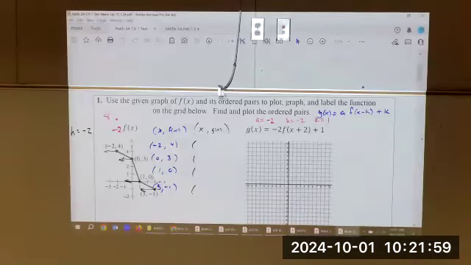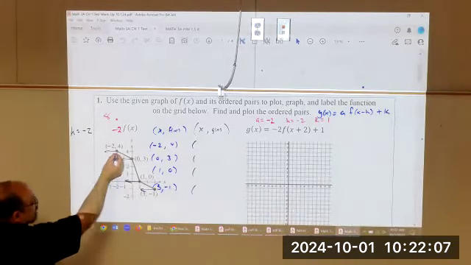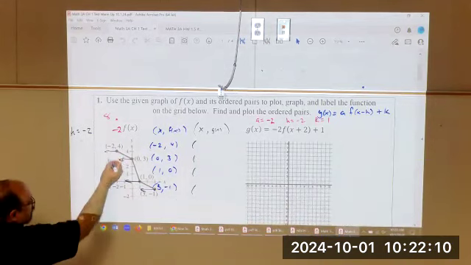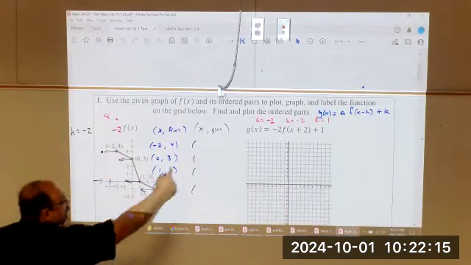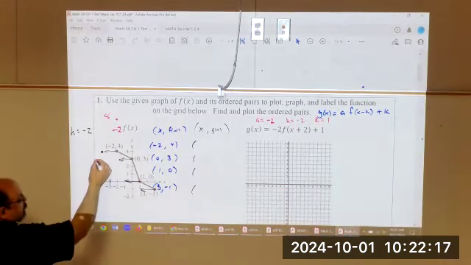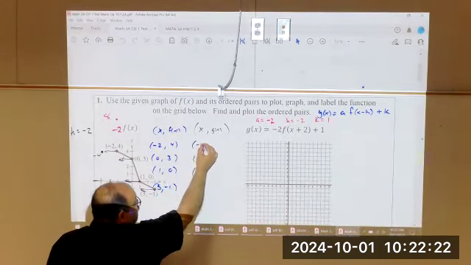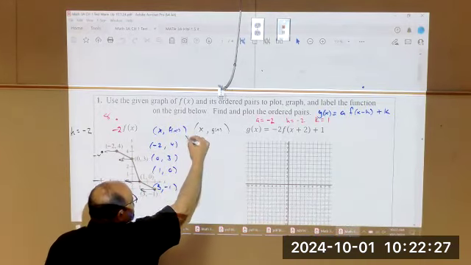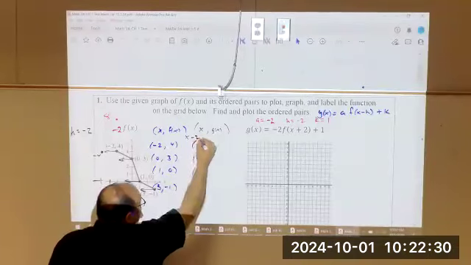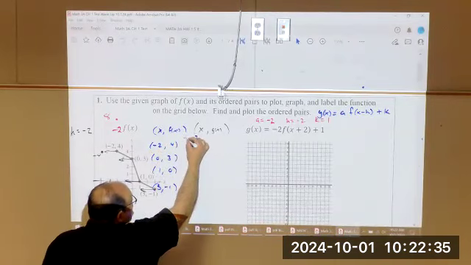That's the only thing you care about right now. H is -2 because I want the x's. So if this is -2 and I'm going to go to the left 2 units, where is the new x that I'm going to be? It's going to be at -4. So the x in my picture is going to be at -4. In other words, I'm going to take this x and subtract 2 from it. This -2, to shift it left, I have to take away 2.